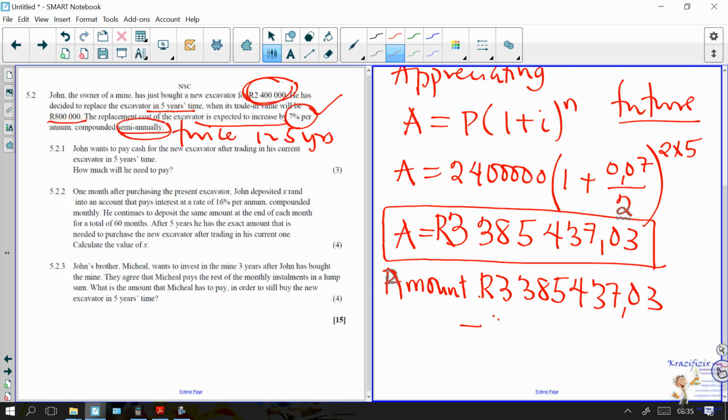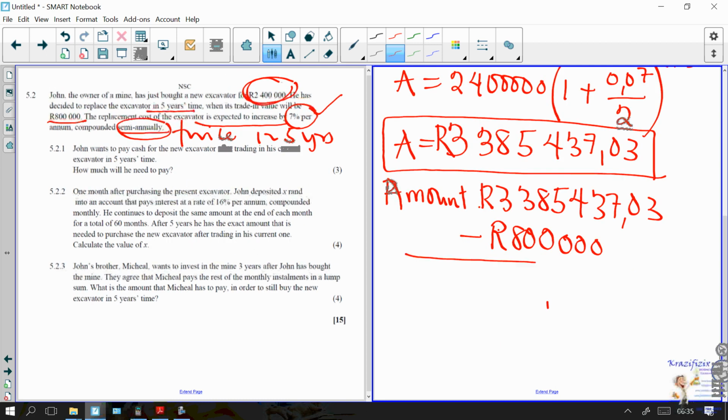Minus the 800,000 that he has now, that he would have in 5 years. I hope that makes sense, because he's selling it, like selling the machine and getting 800,000, goes to buy and they tell him, look, the price is now 3.385. So he gives them the 800,000. So this is the amount that he needs to pay.